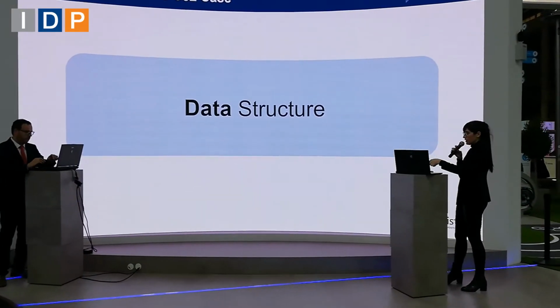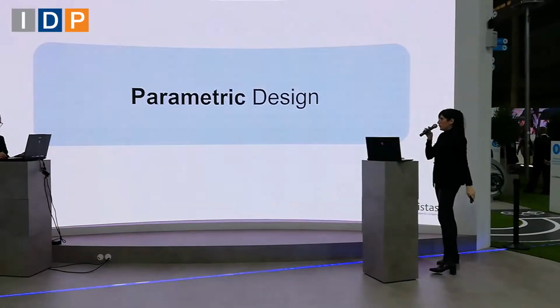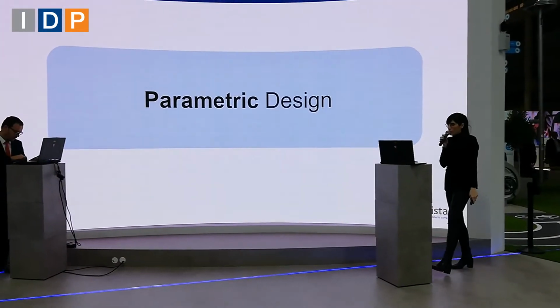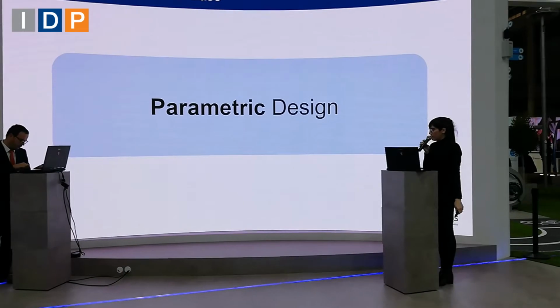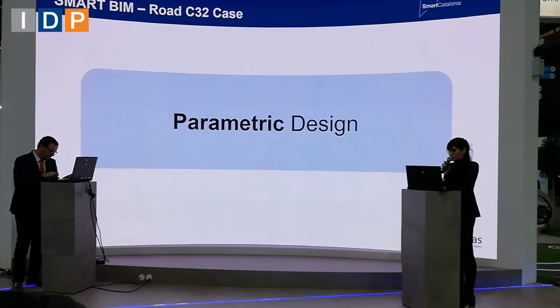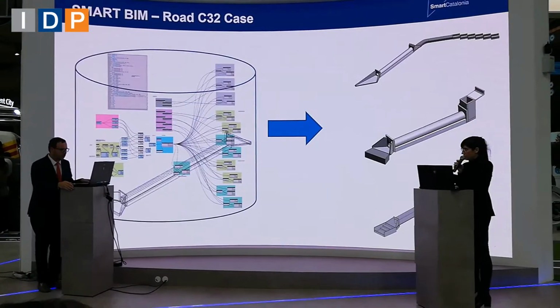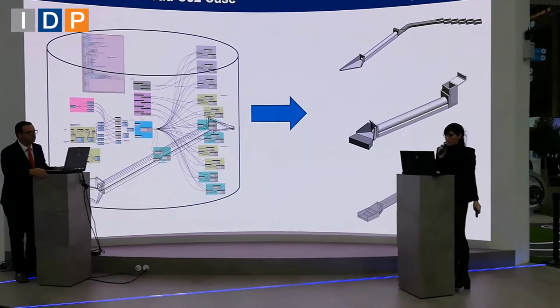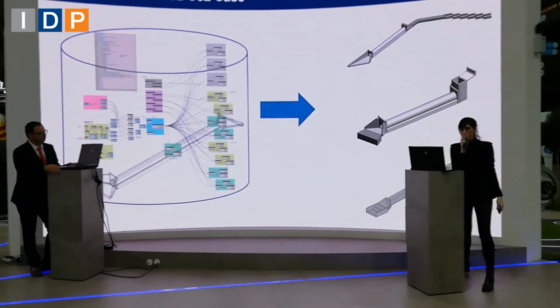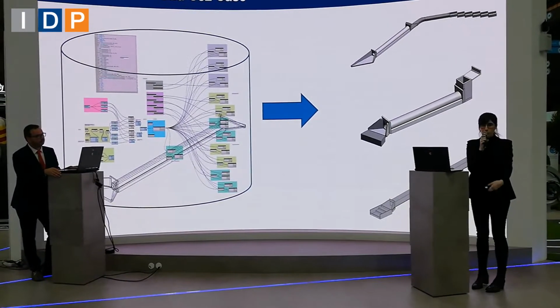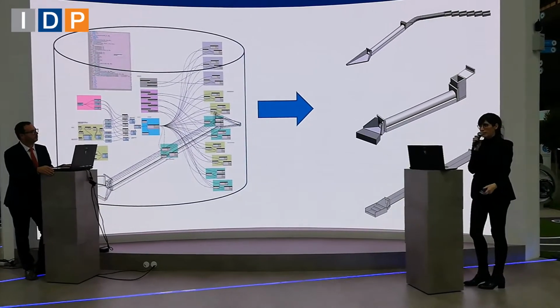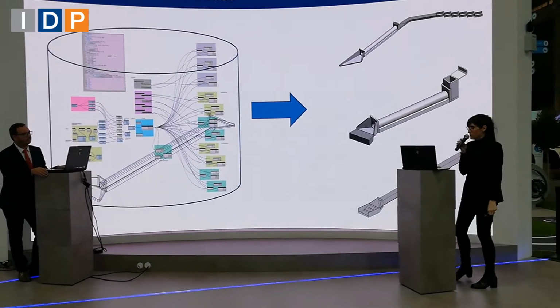Okay. Next bullet point, parametric design. Why does parametric design make smart models? Here we can see an example. We don't know if most of you use super technical programming and Dynamo stuff.